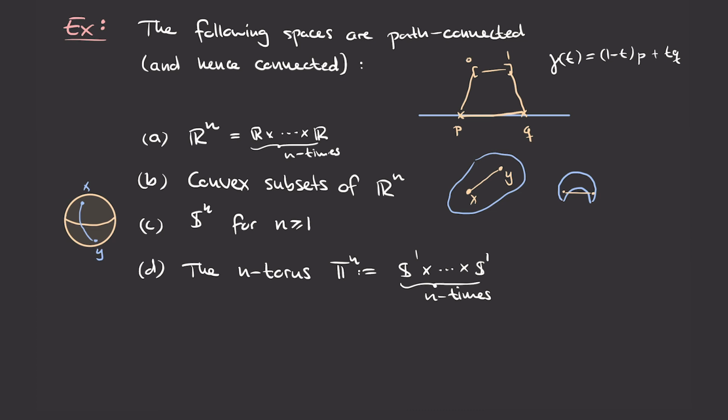If you actually wanted to write out this arc, you would probably do it in terms of sine and cosine functions, so you would parameterize this sphere in terms of sines and cosines, and then you would come up with a way to map the unit interval to this arc using sines and cosines.